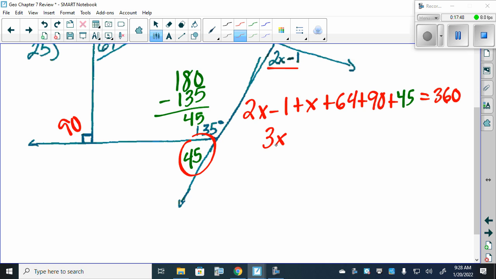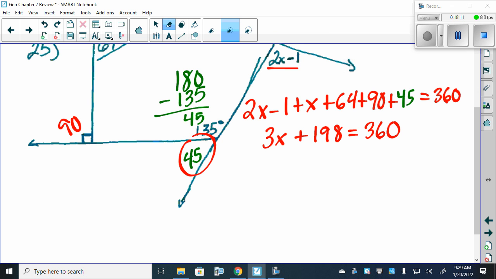Well, -1 plus 64 is going to be 63. 63 and 45 is 108. I think this should be plus 198. So it's -1 plus 64 plus 90 plus 45.